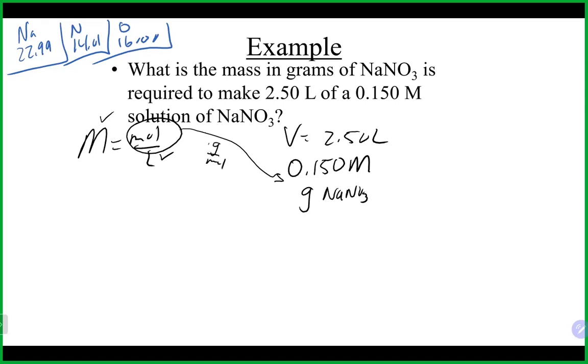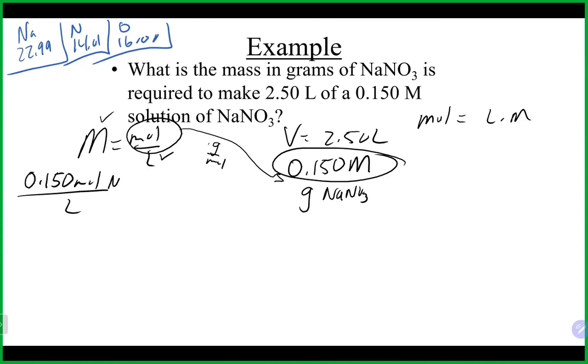from the periodic table. Now, again, you could plug and chug into here and rearrange this, and moles would equal liters times molarity. I am, again, going to use my molarity here as a conversion factor and take more of a dimensional analysis approach. So what that means is 0.150 moles per liter of sodium nitrate is one way we could do it.